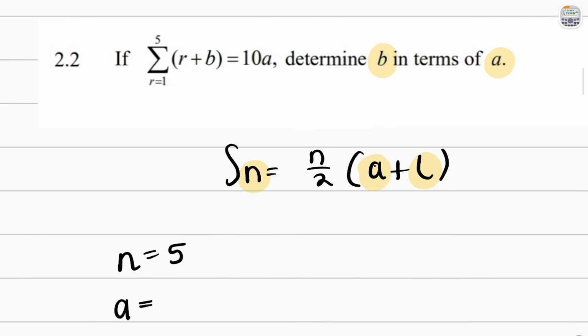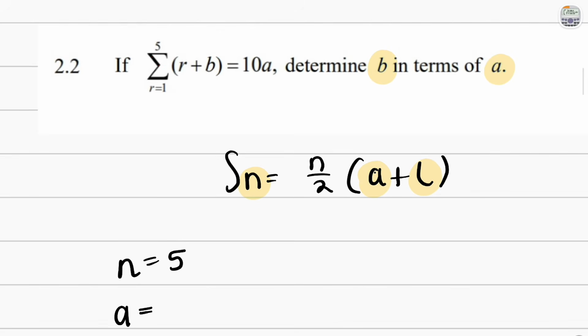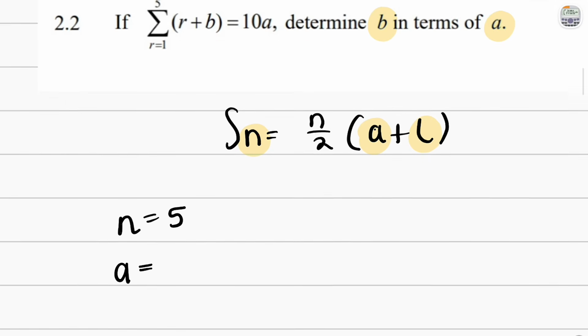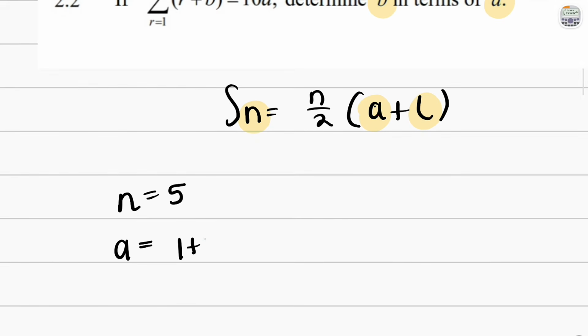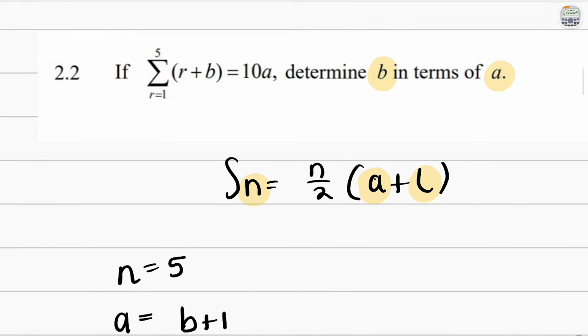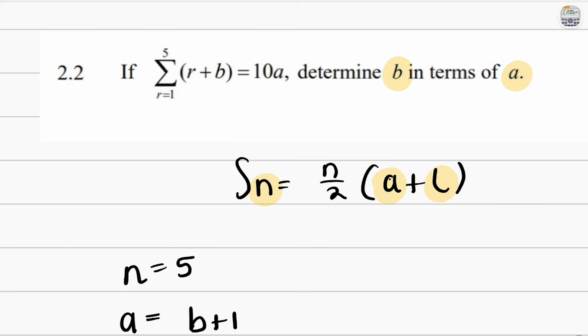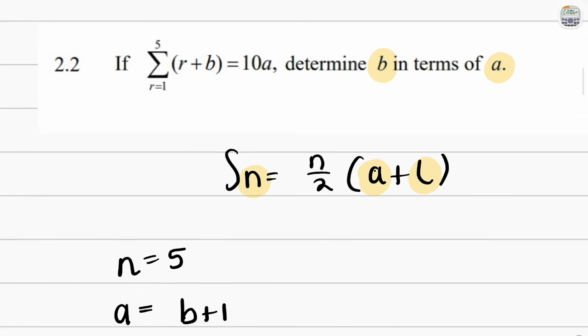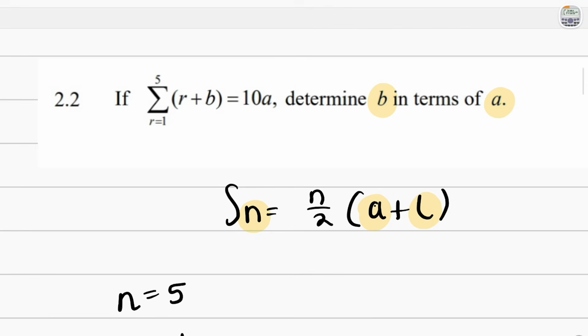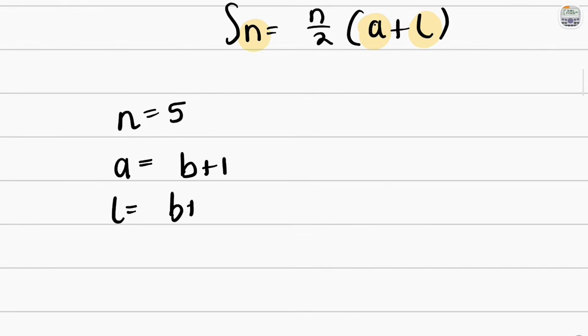And what is a? a is the first term. It's the result of substituting the value that we start at. So that is r plus b, which is 1 plus b. I'll just call it b plus 1. And then the last term ends at r equals 5. So substitute 5 in place of r, and l is equal to 5 plus b, which we can write as b plus 5.